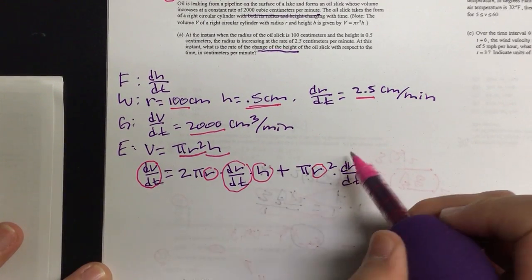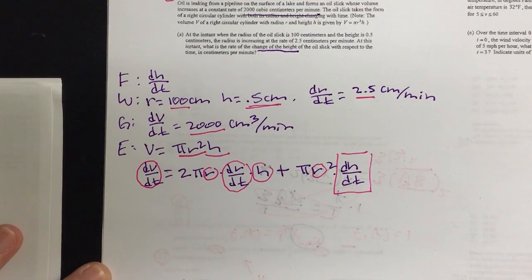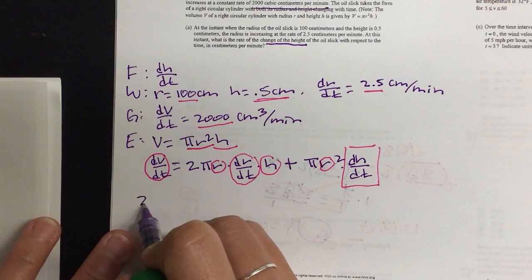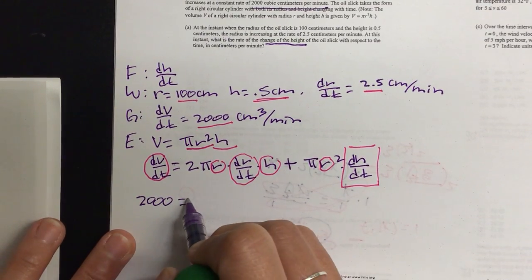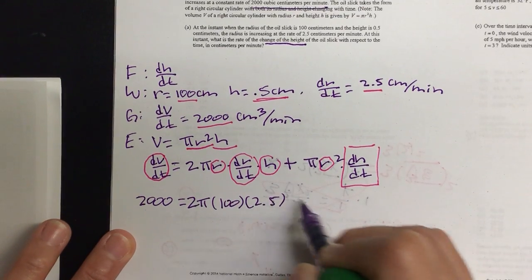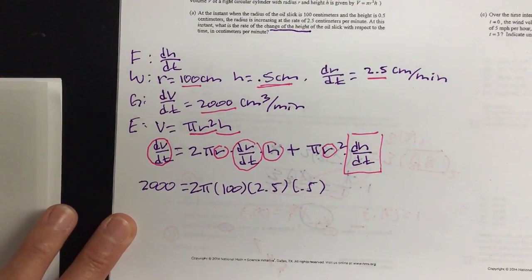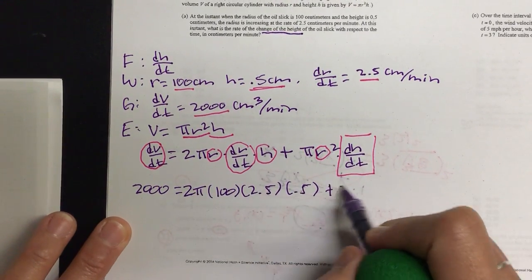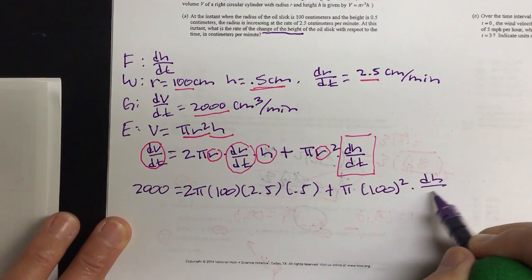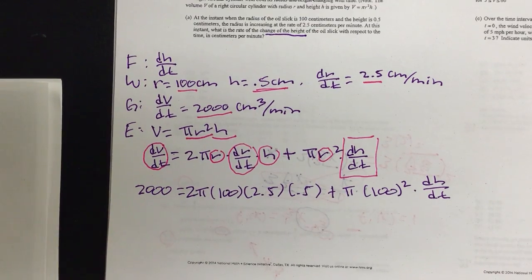And our goal is to find this value right here, and that should not be given whatsoever. So that is the only variable. Let's plug it in. So we have 2,000 is equal to 2 pi times 100 times 2.5 times 0.5. And for the next piece, we have pi 100 squared, and dh over dt we do not know.